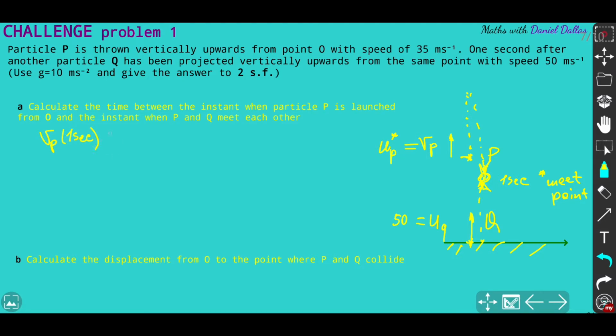According to the formula, it's going to be initial U_P minus gt, where t is 1 second, so we just plug in values. It's going to be 35 minus g, 10, times 1 second. If you calculate, you'll get 25, and that's going to be the initial velocity.